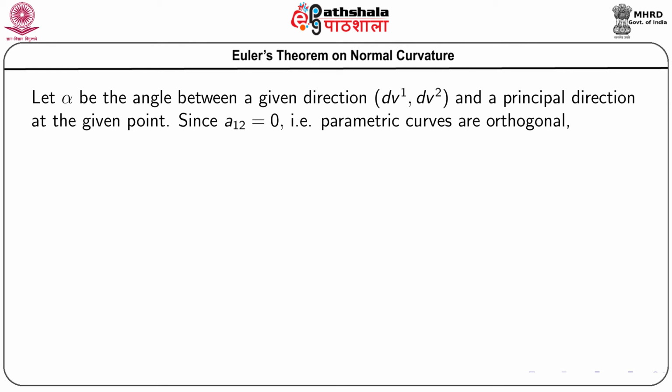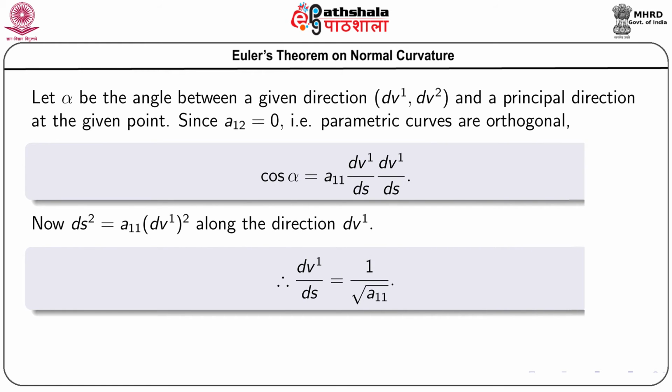Now, let alpha be the angle between a given direction (dv1, dv2), these being the components of the direction, and a principal direction at the given point. Since A12 equals 0, the parametric curves are orthogonal.